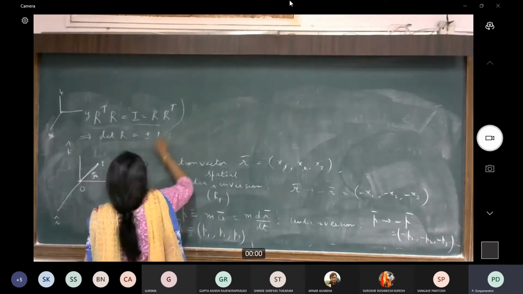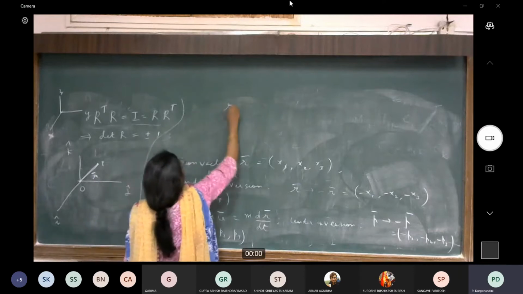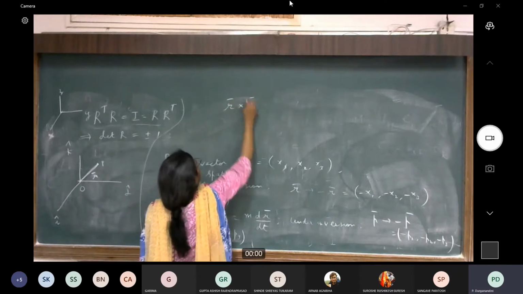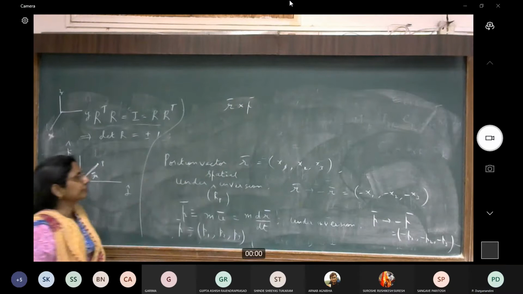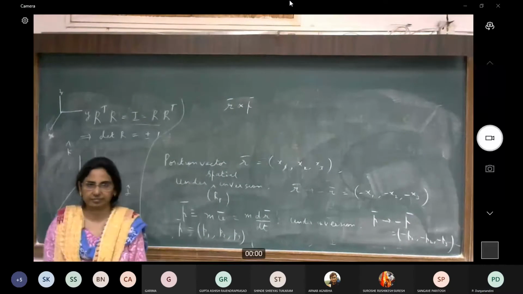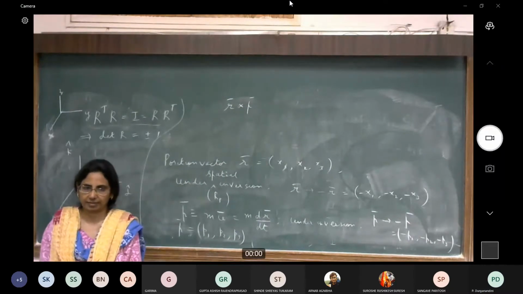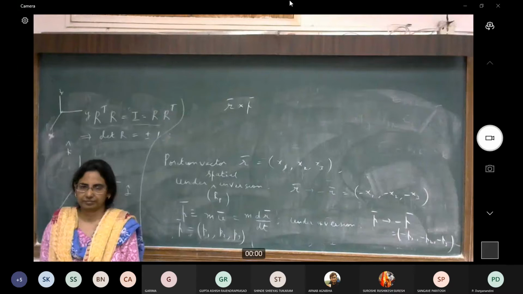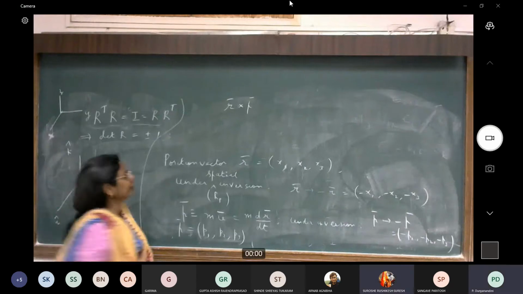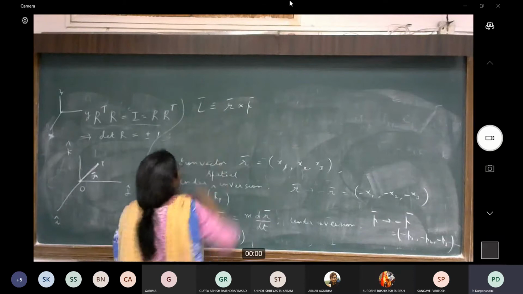Now, before I go further, let's consider this quantity R cross P. What is this? Angular momentum. Okay, how will this transform under a proper rotation?